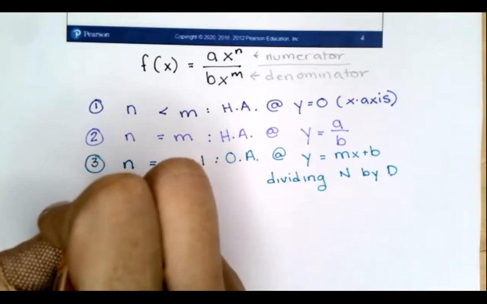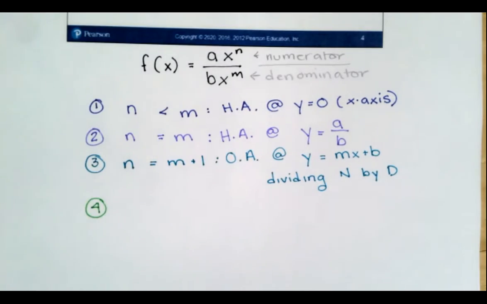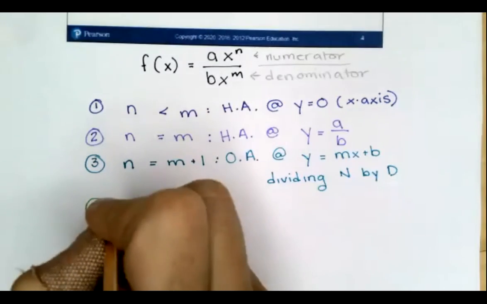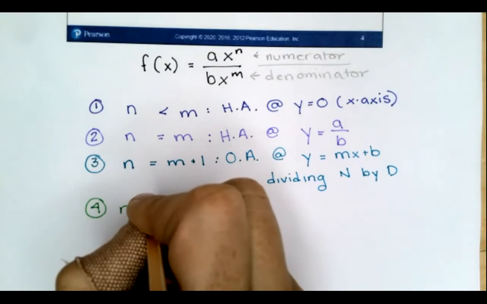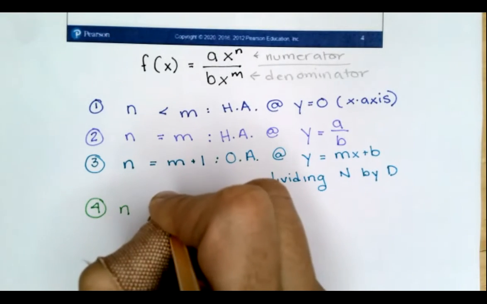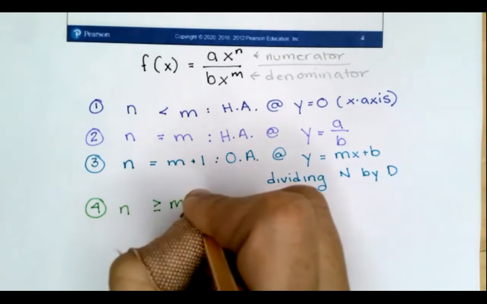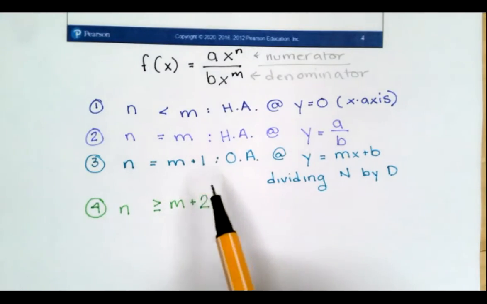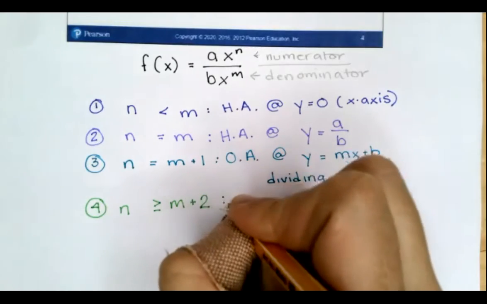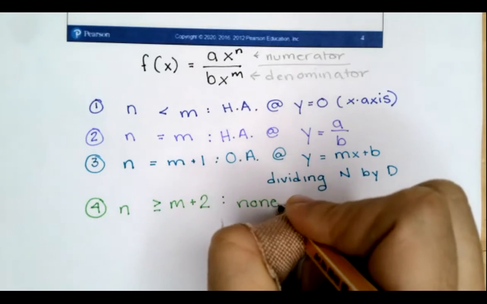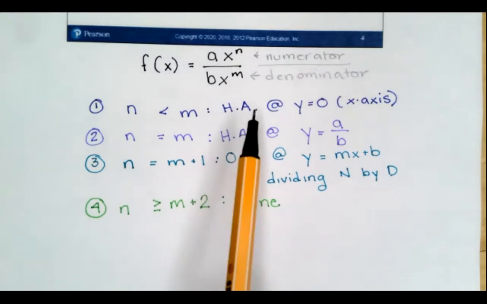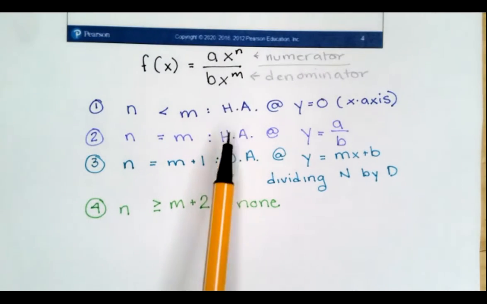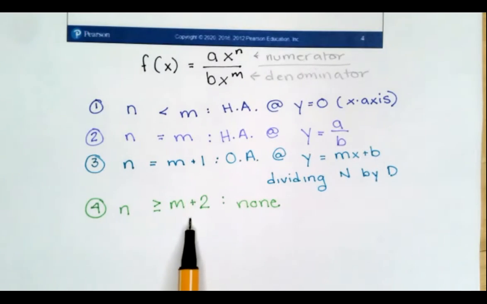Last one, don't worry. That one was the worst one, obviously. If your numerator degree is anything bigger than that, there's none. You can just say none. So if your numerator degree is any bigger than m plus 1, there's none.